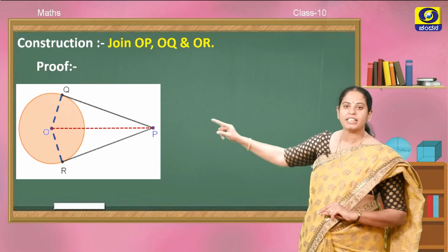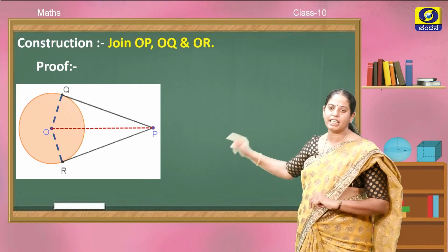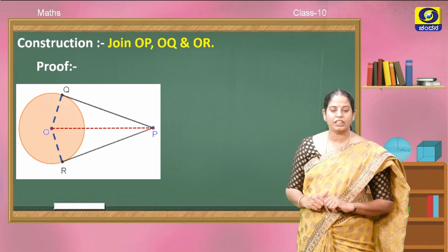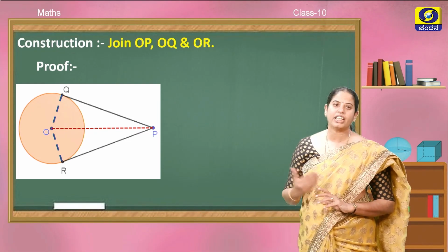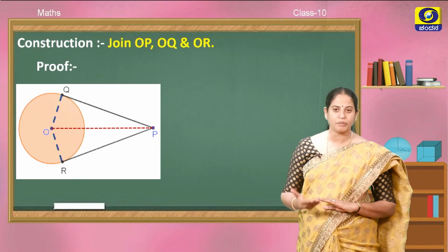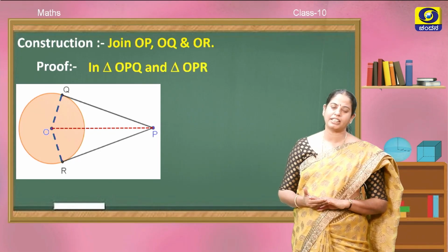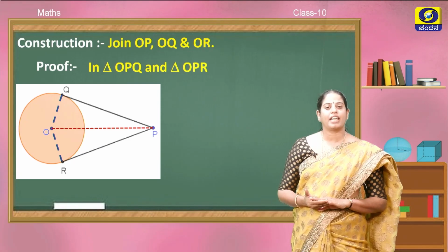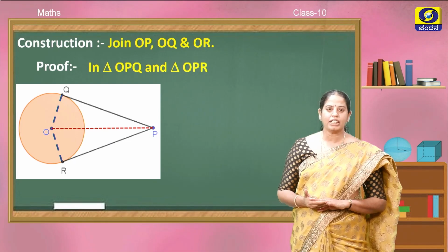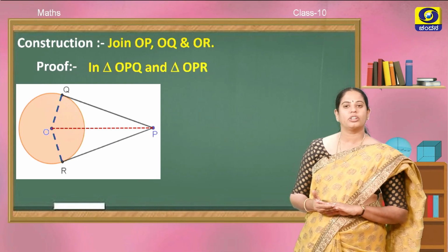With the help of these triangles, we are going to prove that the two tangents are equal. How are we going to prove that these two triangles are the same? Here we take the help of congruency of triangles. We have the SSS postulate, SAS postulate, ASA postulate and RHS postulate on triangles. Here we are using one of the postulates to show that PQ is equal to PR. Which postulate are we going to use here?